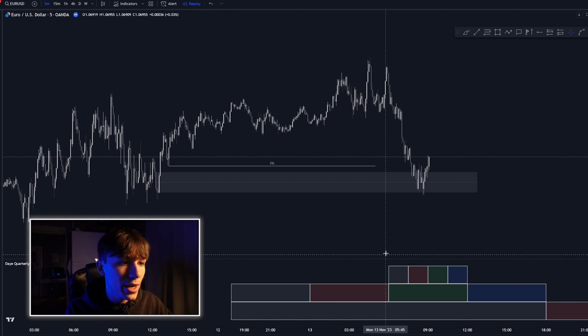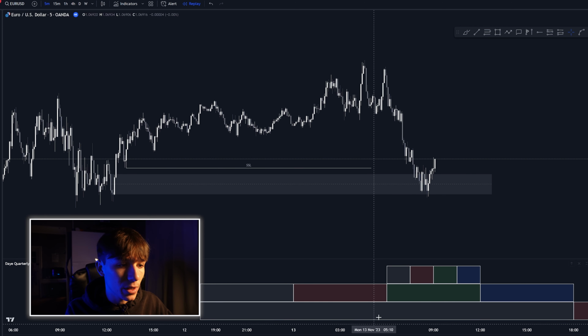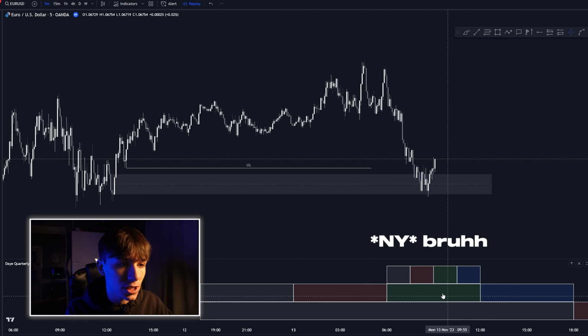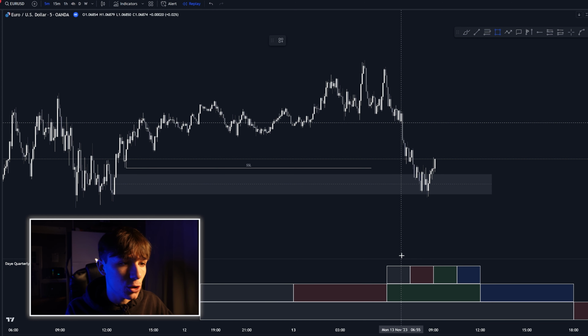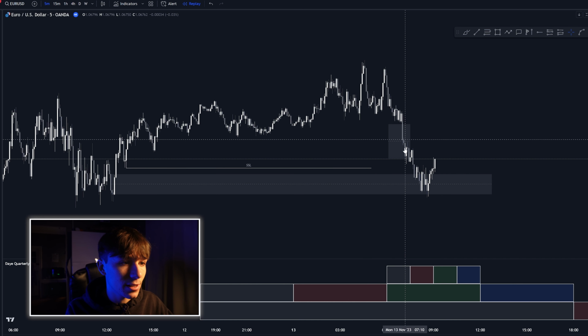Okay, so now we can use the 90-minute cycles to see what we are dealing with. So this is Q1, Q2, Q3, Q4 of the London session. What are we seeing in the first quarter? This is the gray box. Is this an accumulation or is this a trend reversal or continuation? Well, to me, this is not an accumulation.